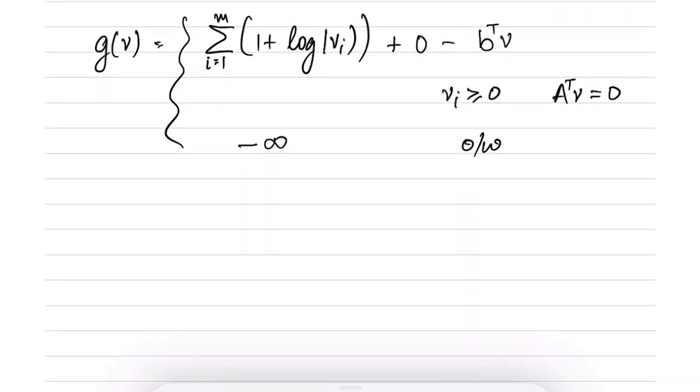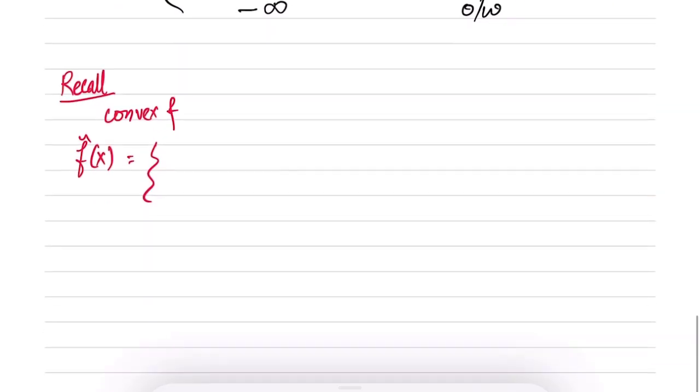Now what does it mean for a concave function to be minus infinity? To appreciate that, recall the extended real valued definition of a function. If we had a convex function, we said that f tilde is the extended definition, where it is equal to f(x) for x in the domain of f and infinity otherwise.